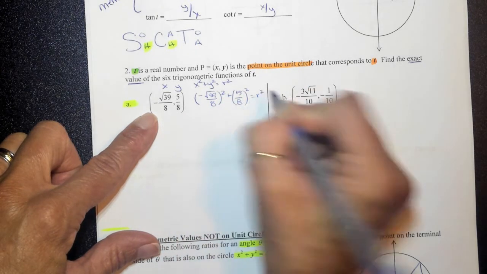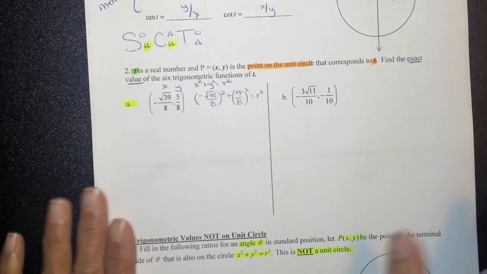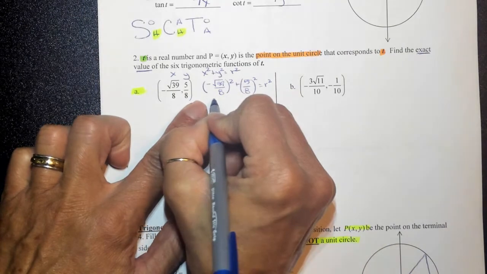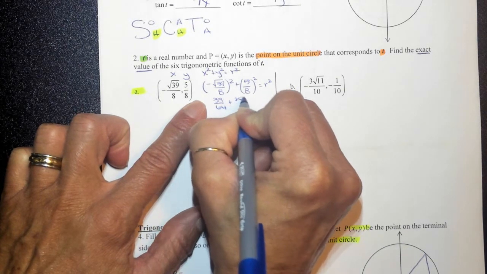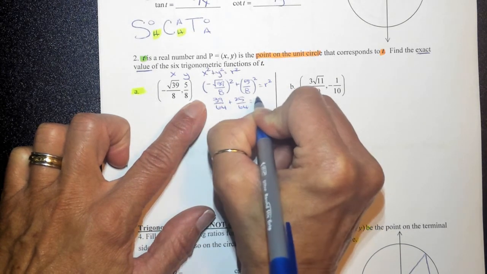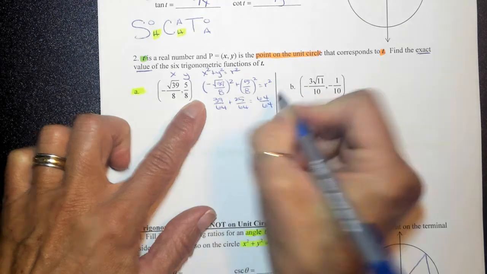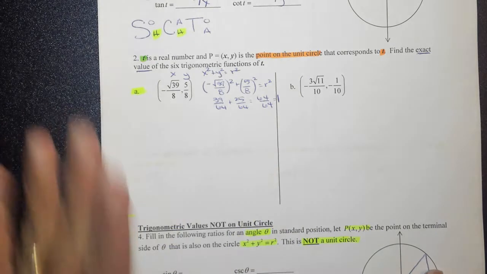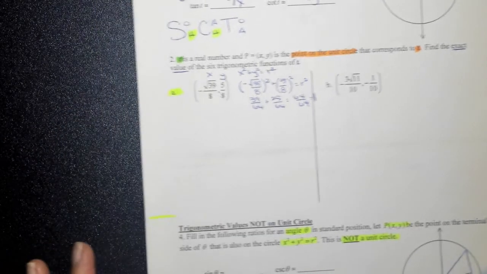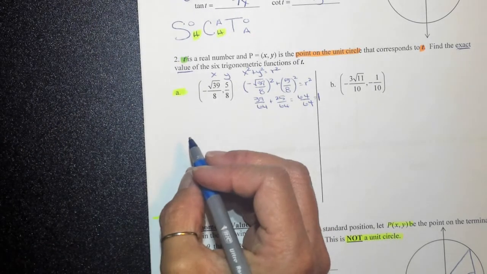This should be my r squared, which we want to be 1. When I square this, I end up with 39 over 64 plus 25 over 64, which is 64 over 64. This just proves to you that I'm still on the unit circle.